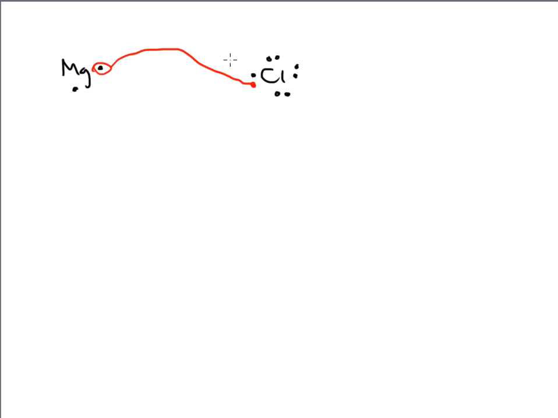Who's going to take it? Well, what you have to keep in mind is that in a typical environment, there's tons of magnesium, not just 1. There's tons of chlorine, not just 1. So I can go through and draw another chlorine down here with 7 dots around it. There we go.